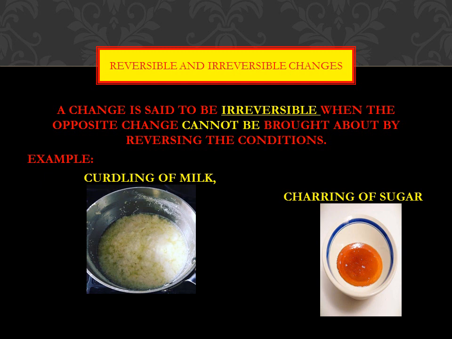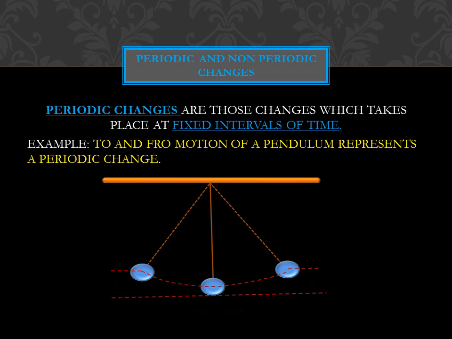So now we have studied reversible and irreversible change. Now let us move further with periodic and non-periodic changes. Periodic changes are those changes which take place at a fixed interval of time. Example, the to and fro motion of a pendulum represents a periodic change.